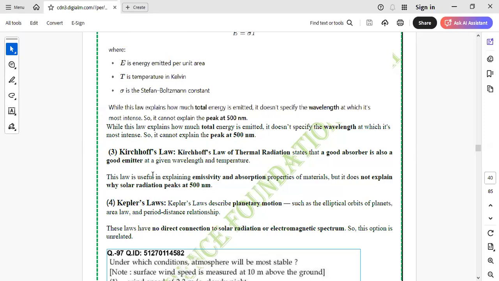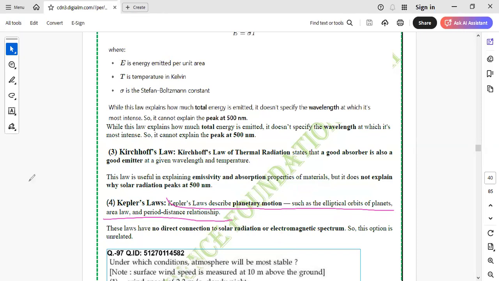So this is in 11th class where in gravitation you study that T square is directly proportional to R cube. So R is the distance and T is the time of revolution. So that was Kepler's law of planetary motion. So you can see here Kepler's law describes planetary motion such as elliptical orbit of planet and period-distance relationship. So T square is directly proportional to R cube.